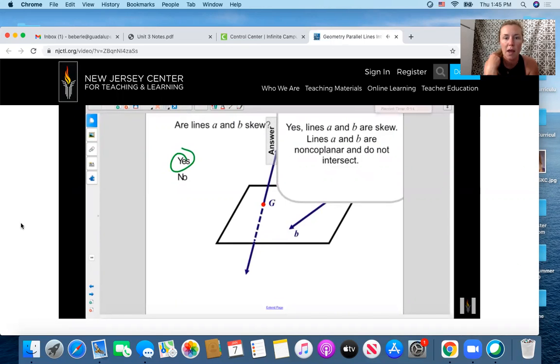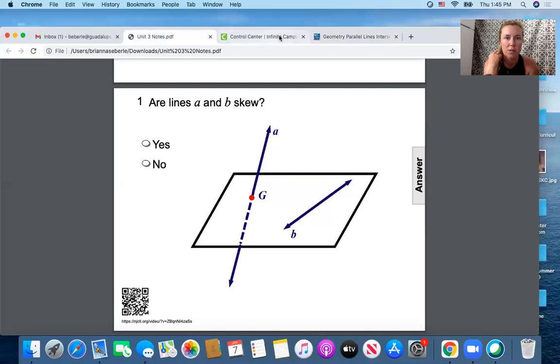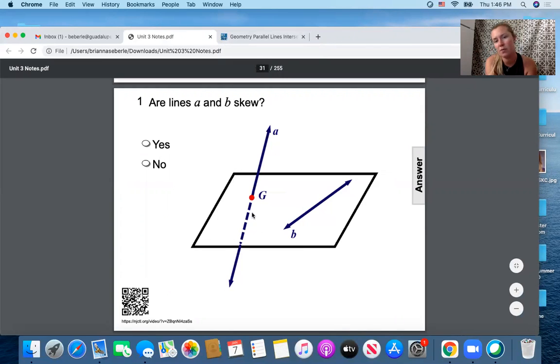You may have felt like they weren't skew, but see how this right here is dotted? It's kind of like if you took a piece of paper and shot a line through it. One of them's going through it and one of them's going across it, which is what makes them skew.